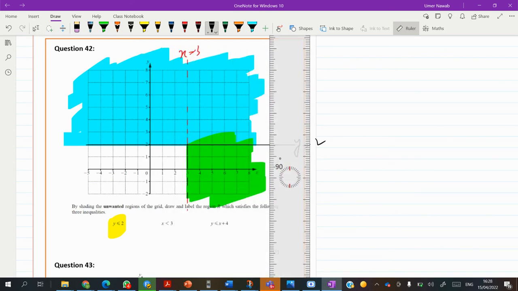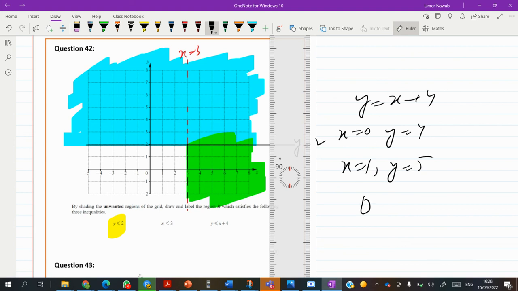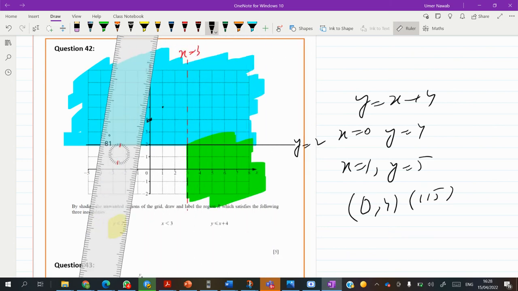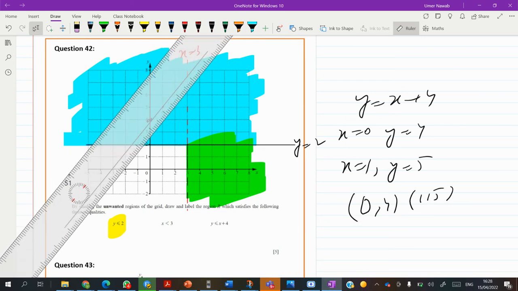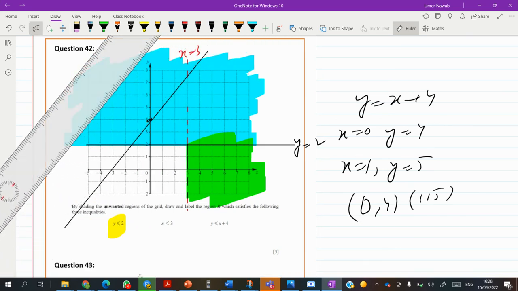Then we have to draw this line, y equals x plus 4. Guys, x equals 0 gives you y equals 4. x equals 1 gives you 5. So 0, 4, and 1, 5. Draw the line quickly. So this is the line which we have drawn. No, 1, 5, that's not right. 0, 4, and 1, 5.